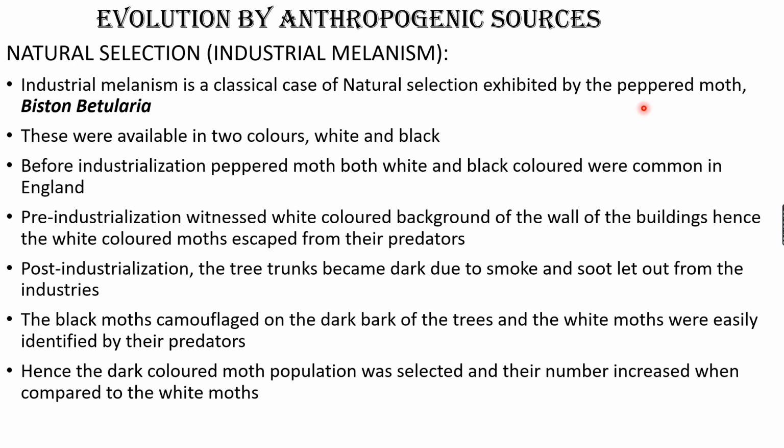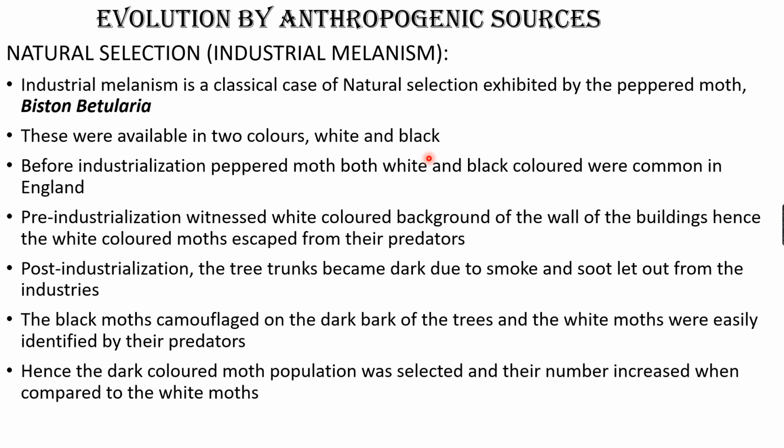It is exhibited by a particular insect called the peppered moth. The peppered moth's zoological name is Biston betularia. What is it called? Biston betularia. And these are available in two colors, white color and black color.